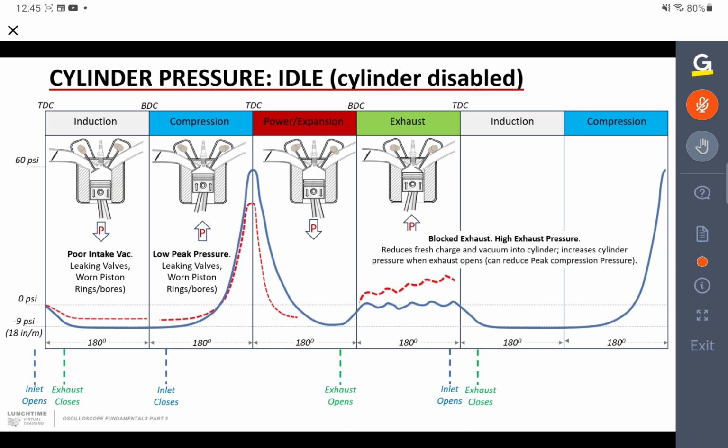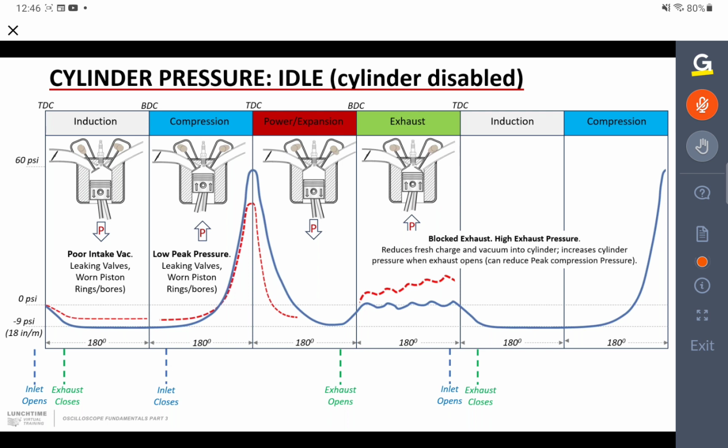Okay. Right, so we've got reduced vacuum. We haven't got the low pressure that we expected because of leaking valves, worn piston, rings and bore and so on. And then we go on to the next phase that we're going to look at, which is the exhaust stroke. And if the piston is rising, we'd expect to see the pressure in the cylinder go up to atmospheric pressure. But in this example we're showing here, it's actually gone above atmospheric pressure.